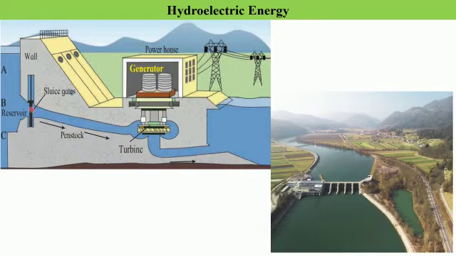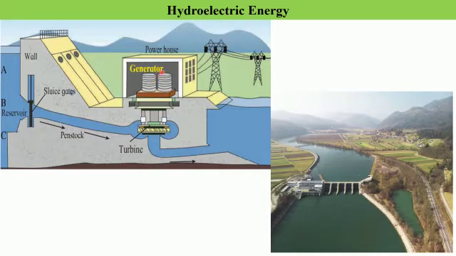This is a sluice gate which is opened so as to let the water from the reservoir into the penstock. This water comes out with a lot of force and brings about the rotation of the turbines. These turbines on rotation activate the generator which also rotates to produce electrical energy.